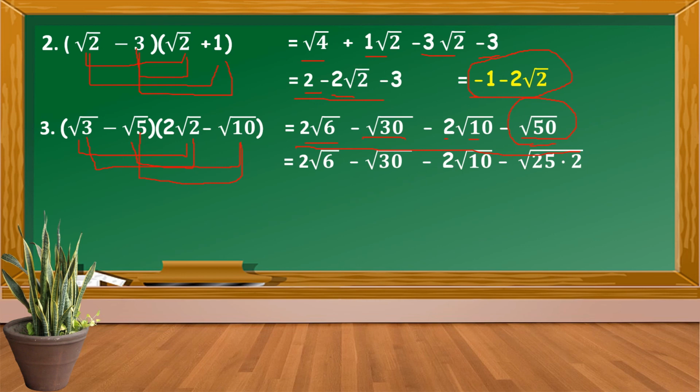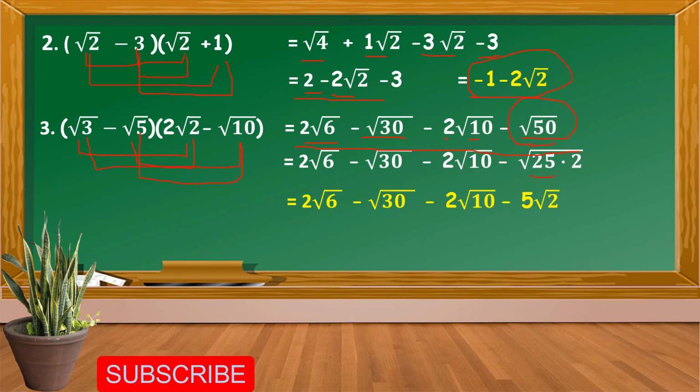So, we have 2 square root of 6 minus square root of 30 minus 2 square root of 10 minus square root of 50. The factors of 50 are 25 times 2. And we all know that 25 is a perfect square, di ba? So, ilabas natin square root ni 25. So, copy 2 square root of 6, negative square root of 30, negative 2 square root of 10, and then 5 here coming from the square root of 25.